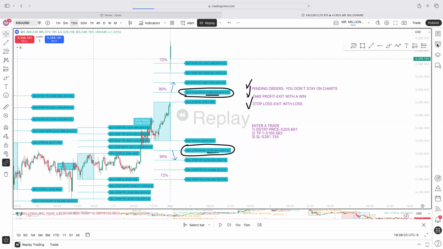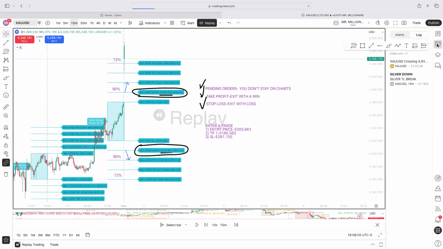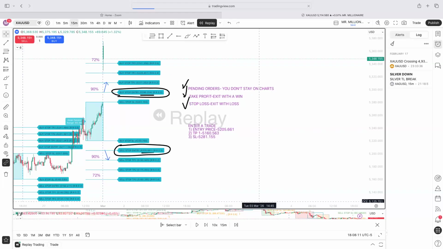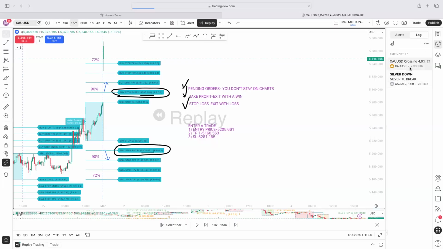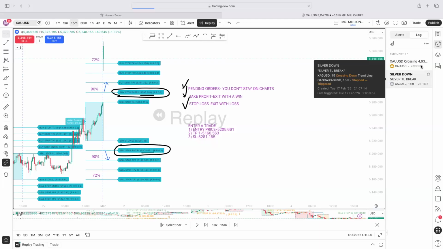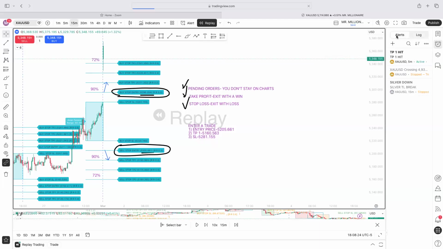So if you click this here, this clock, move this over, I have an opportunity to create an alert. All right, I get an opportunity to create an alert, and you'll see a list of them here. Okay, so if I click alerts, where it says alerts and log, I hit the plus sign here.